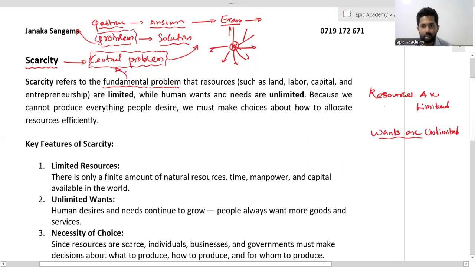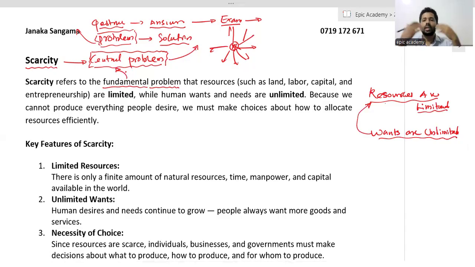So you cannot satisfy the unlimited human wants by using limited resources, isn't it? The situation where we cannot satisfy the unlimited human wants by using limited resources, that's the meaning of scarcity. So now you can identify it is a situation. We call it scarcity.